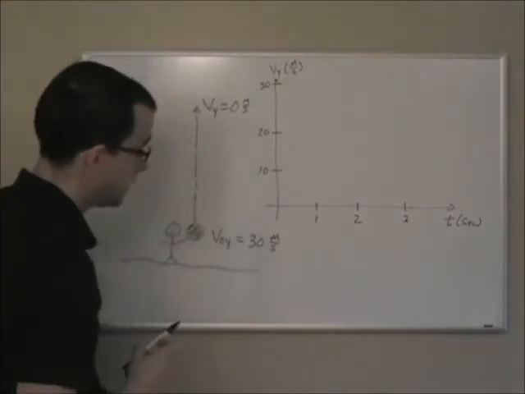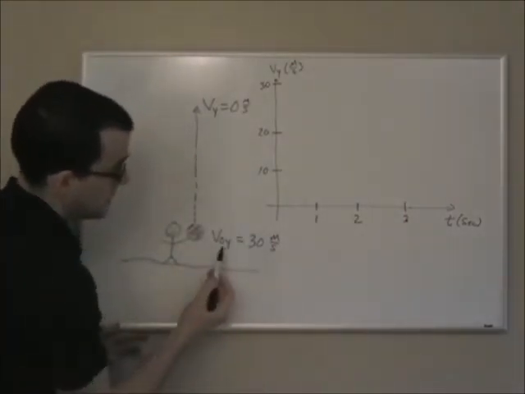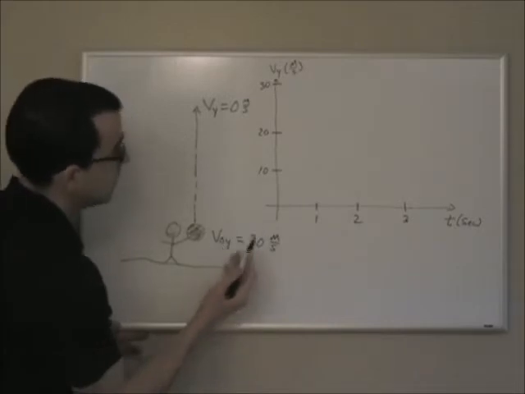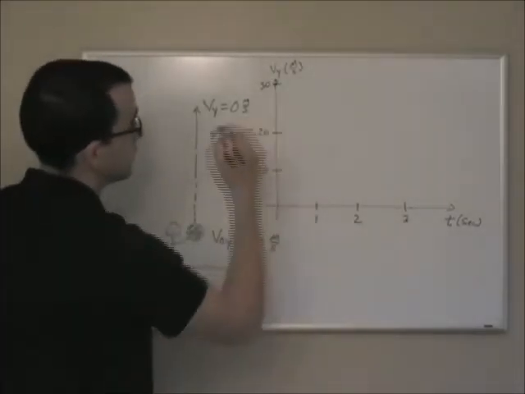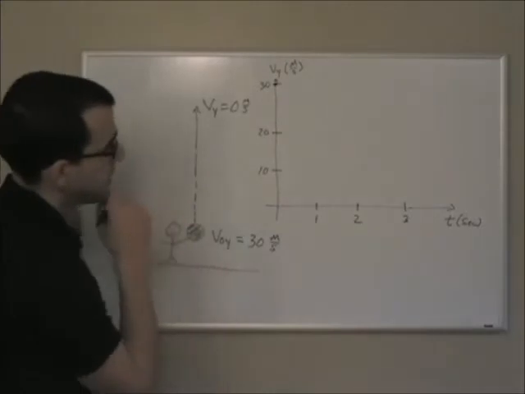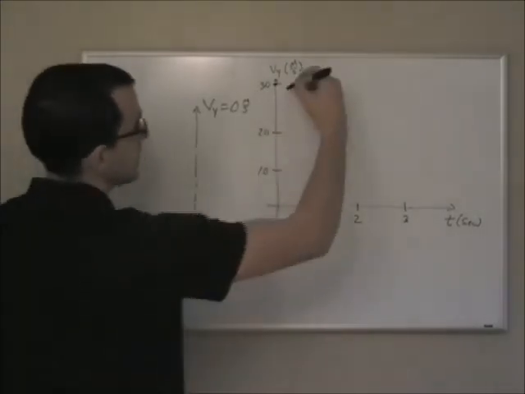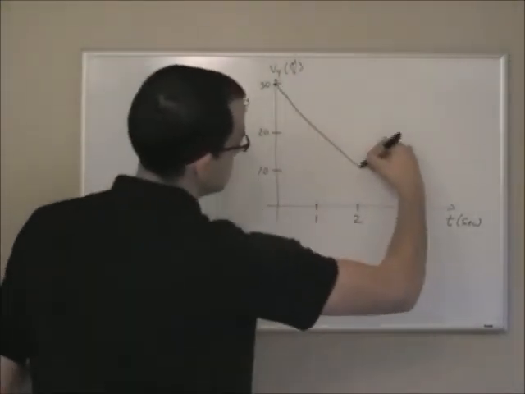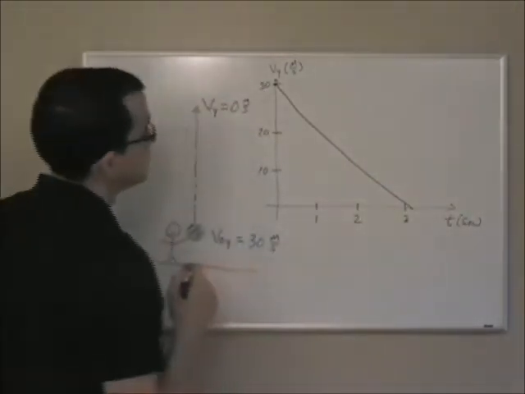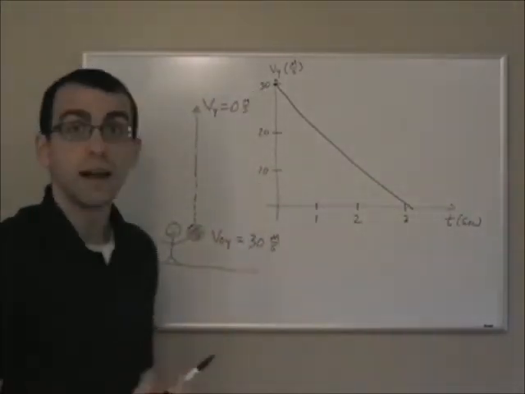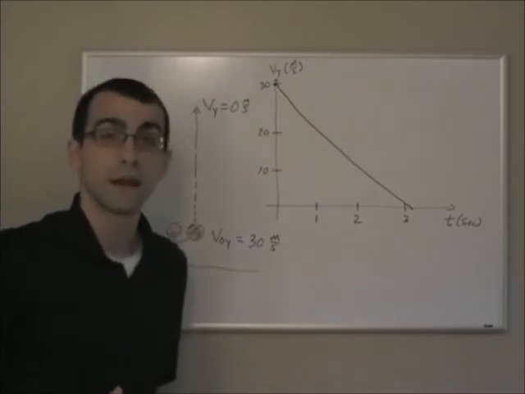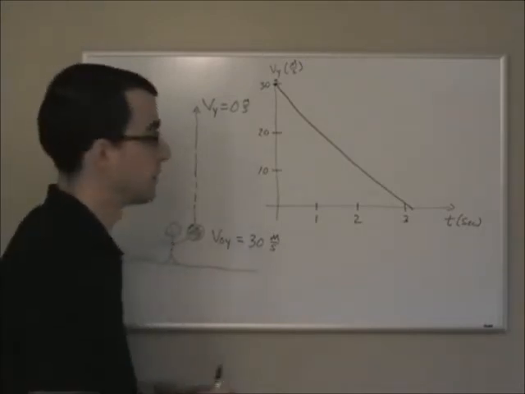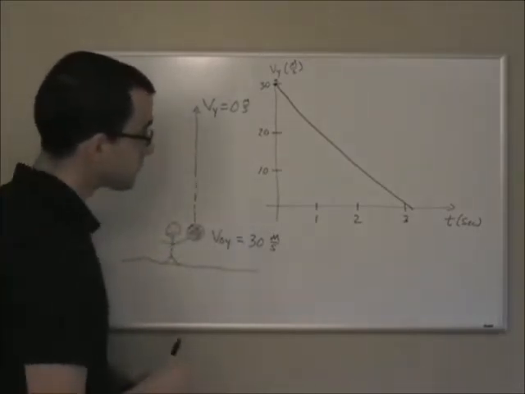And if we plot this guy at t equals 0, this is what v naught y means. The velocity at t equals 0 is 30 meters per second. And we'll see that the plot kind of looks like this. Again, it's a straight line, which we would expect constant acceleration problems to produce on the v versus t graph.